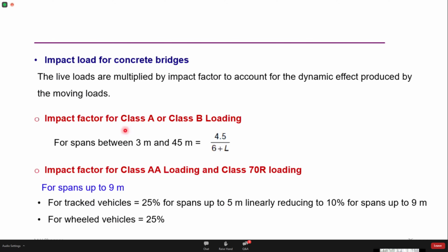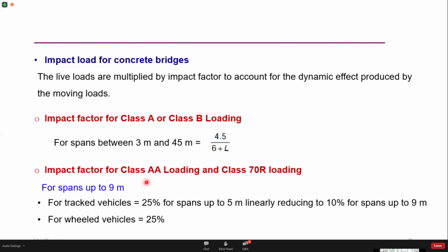There are 5 different classes of loadings, and those conditions have been mentioned here. For the impact factor for class A or class B loadings, for spans between 3 and 45 meters, the impact loading is given as 4.5 divided by 6 plus L, where L is the span of the bridge or the culvert.